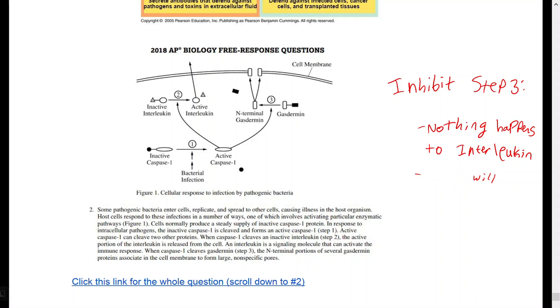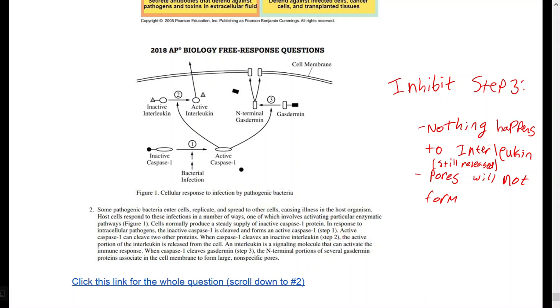Pores will not form. There's no change to the interleukin. It still gets released, right? So this is still released. Okay? And then pores will not form. Okay, let's look at the next part.